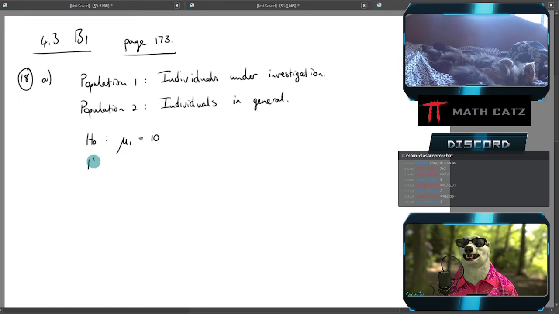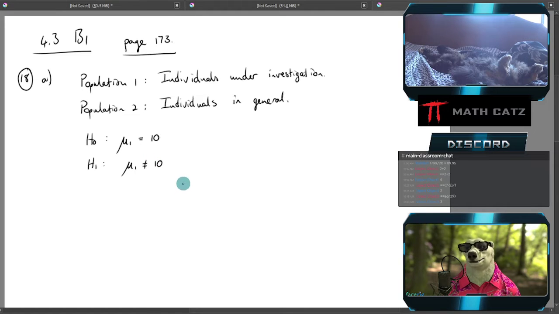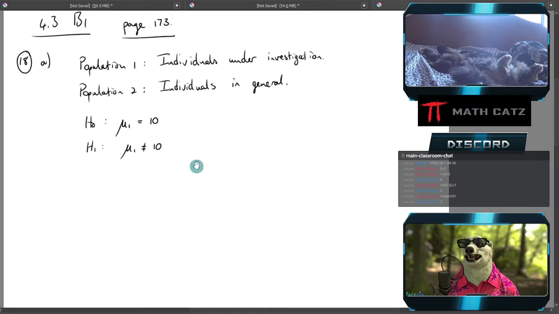And our research hypothesis is then, because it's a two-tailed test, that the population mean is not 10. Now that's secretly perhaps what we're hoping for, and under the assumption of the null hypothesis, then we investigate the evidence and see what it suggests. So let's go ahead and do that.